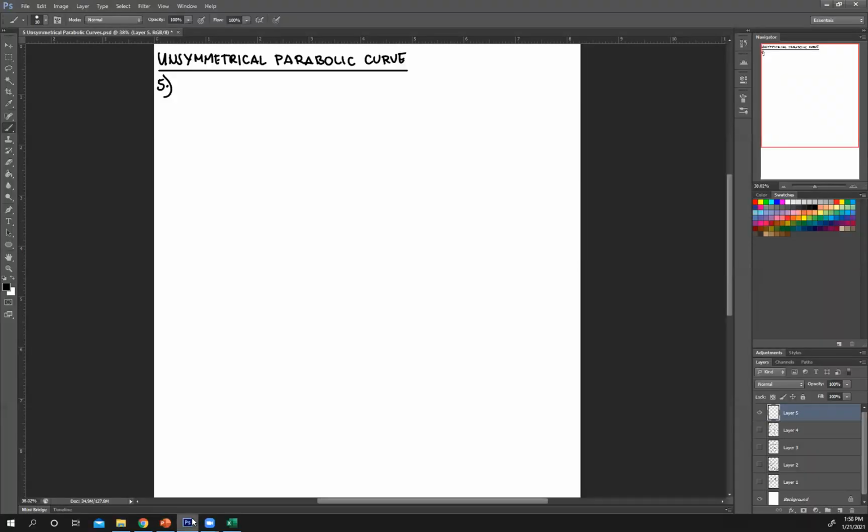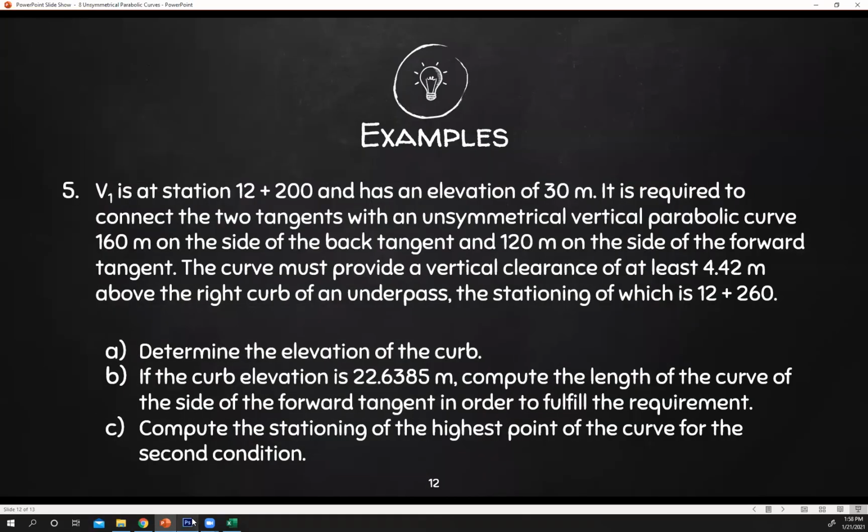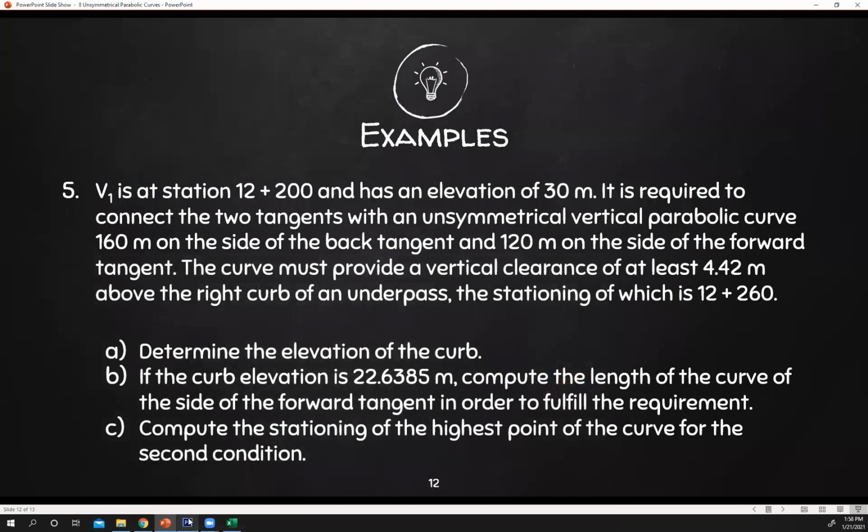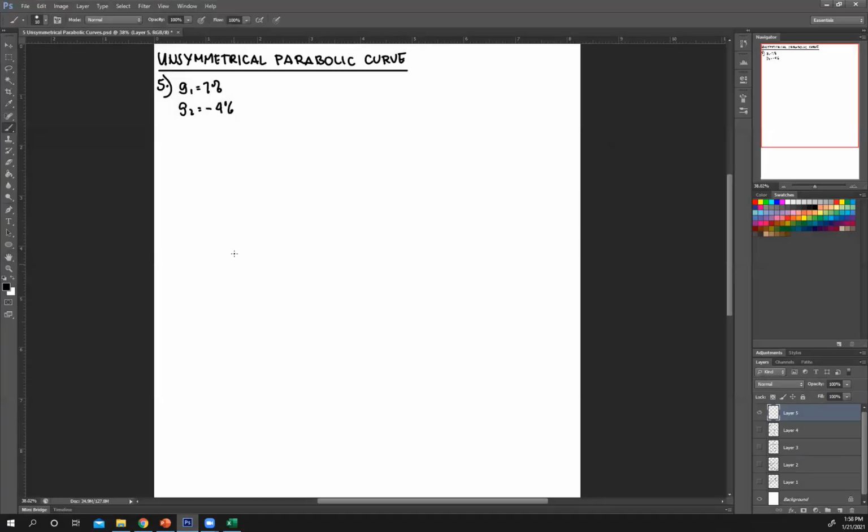So first, let's draw. So elevation is not given. That's a drawing. I wasn't able to include the drawing, but let me just include it anyway. It's given there that G1 is 7% and G2 is negative 4%. So that's your grades. Now knowing that, let's draw. So G1 is positive, and then G2 is negative.